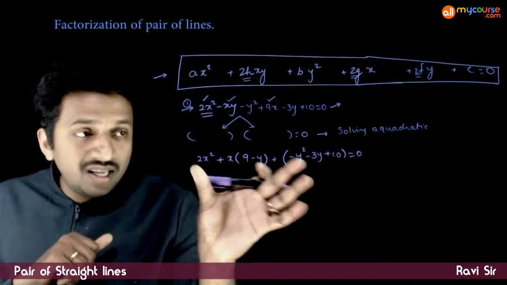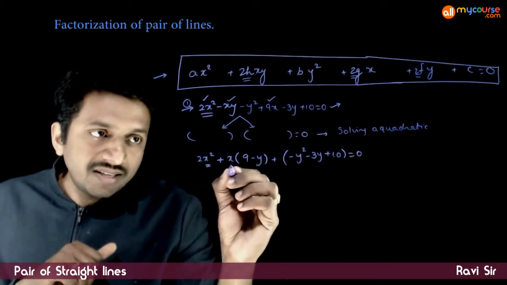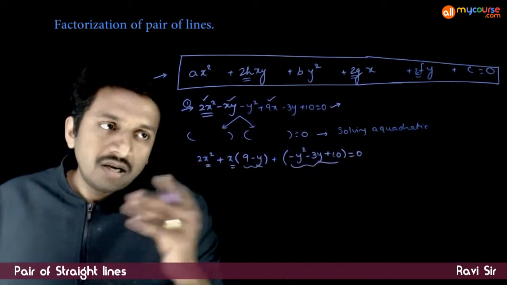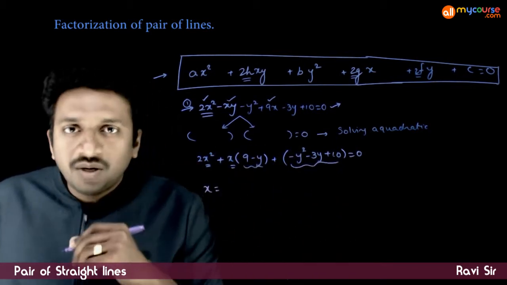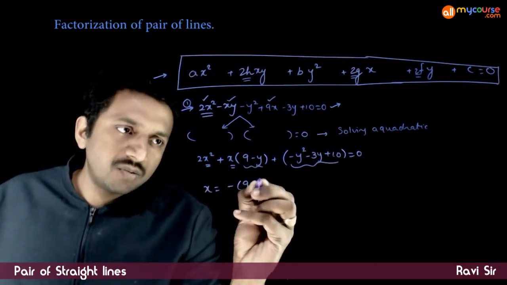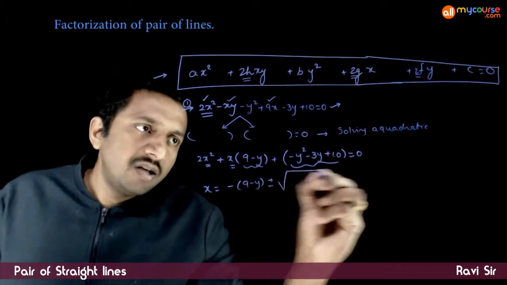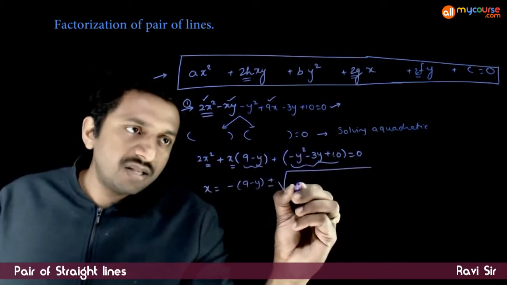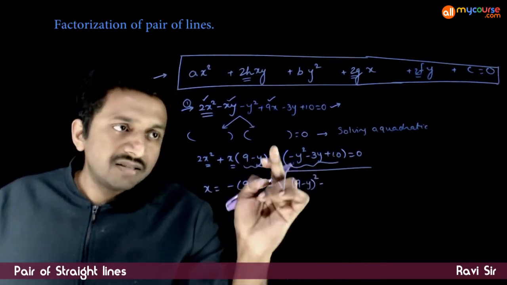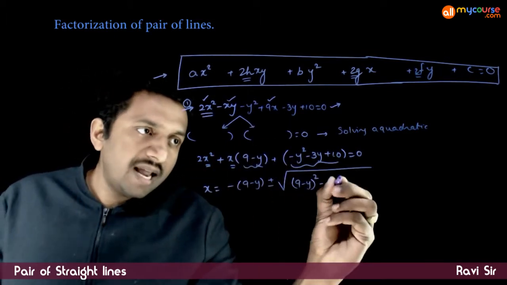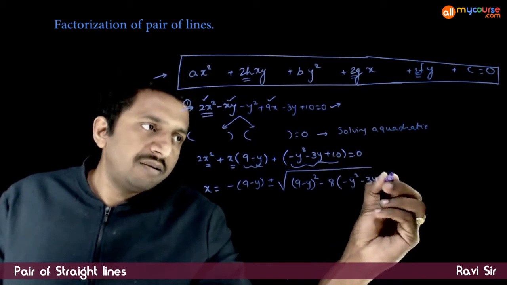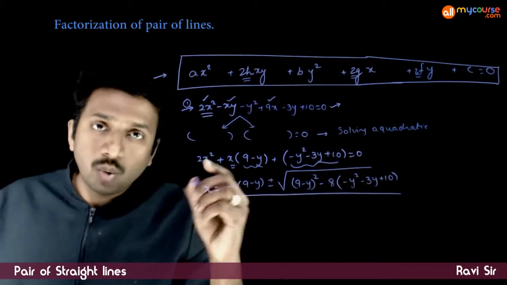Now this equation looks like a quadratic in x whose coefficients are in terms of y. Now what is x? x is equal to the solution of the quadratic, minus b plus or minus root of b square minus 4ac, that is, minus of 9 minus y plus or minus root of 9 minus y whole square minus 4 into 2 into minus y square minus 3y plus 10, divided by 2a, which is 4.